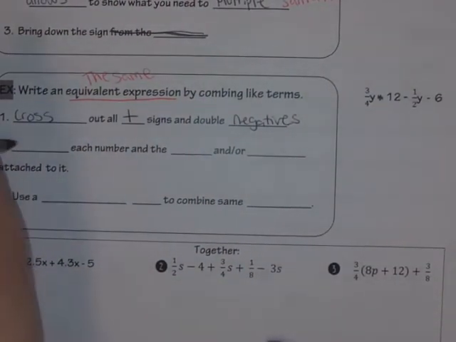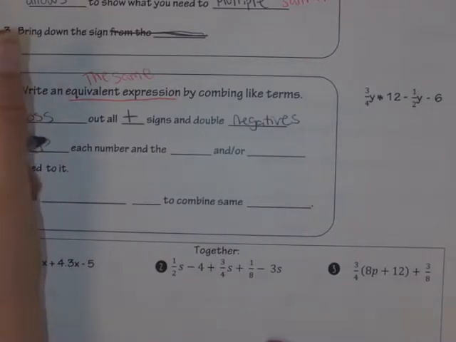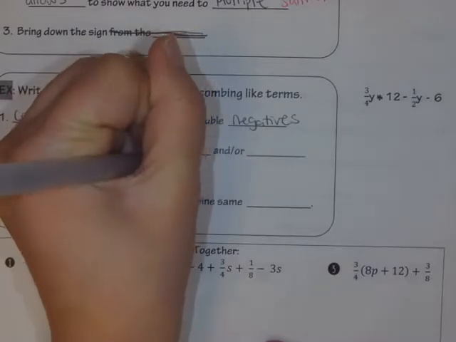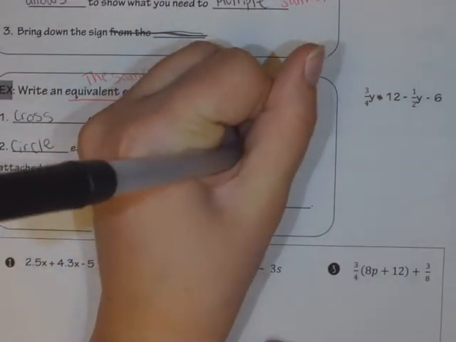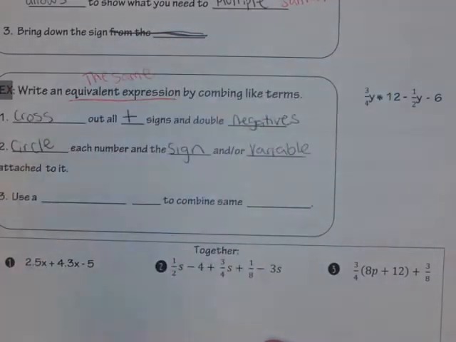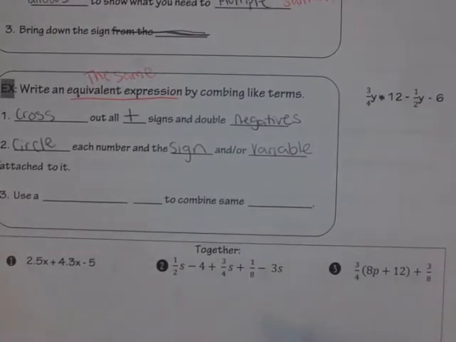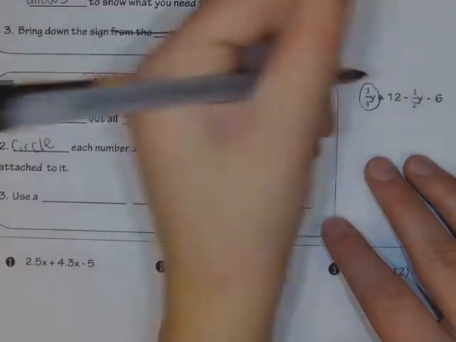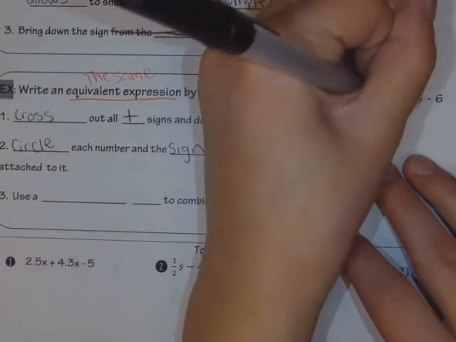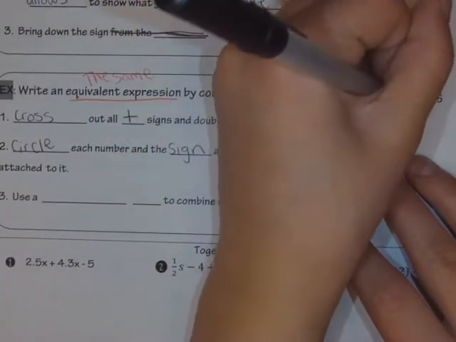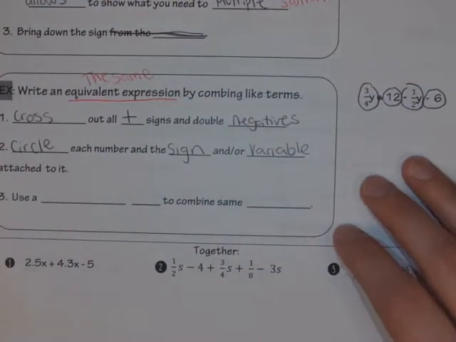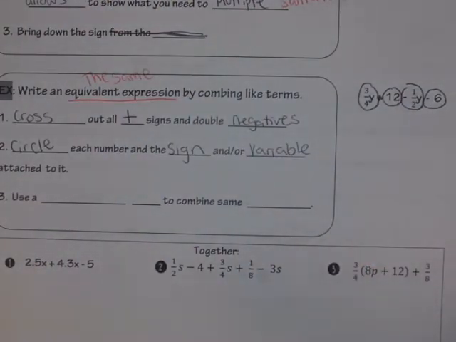Step 2 is to circle each number and the sign and or variable attached to it. Okay, so now we're going to go through, and this is a 3/4 y, this is a 12, this is a -1/2 y, and this is a -6. Don't forget that sign.